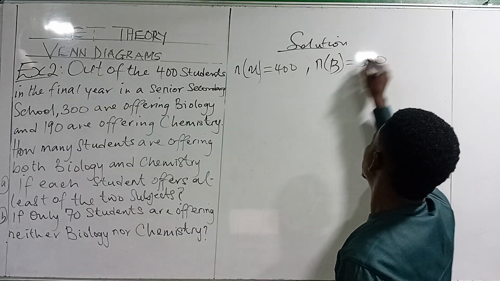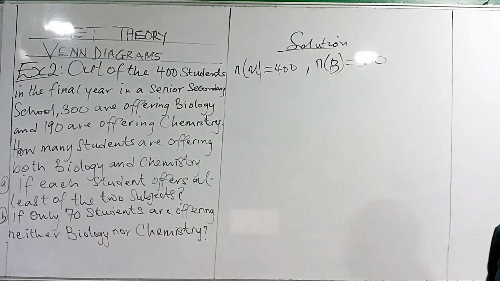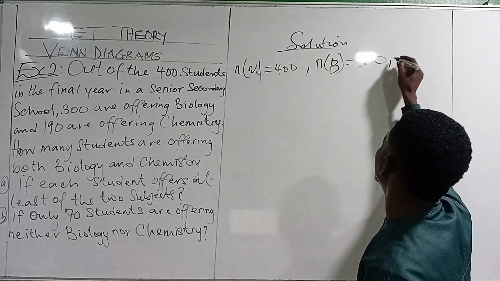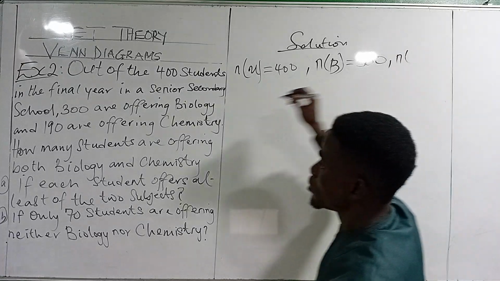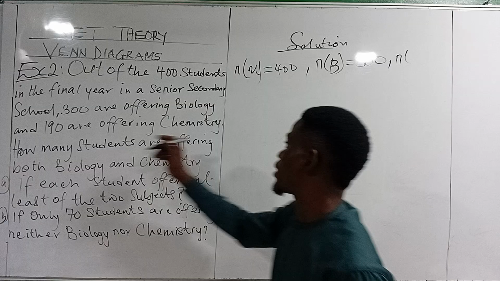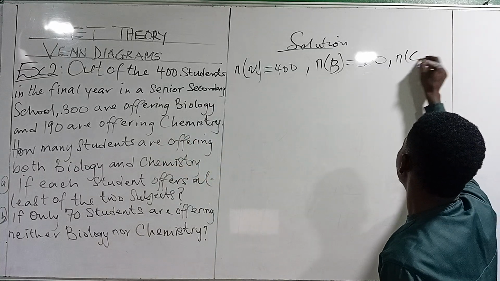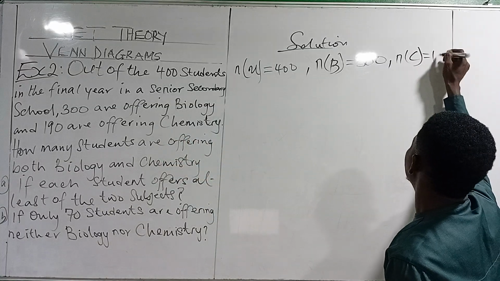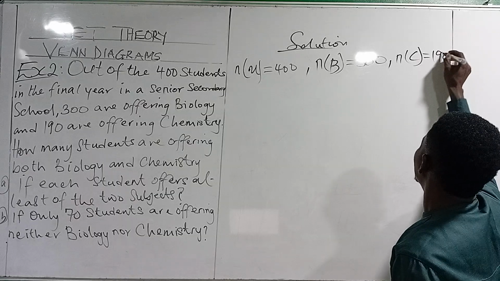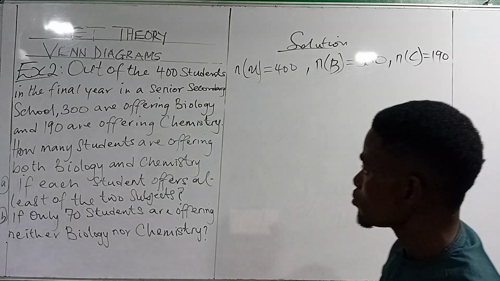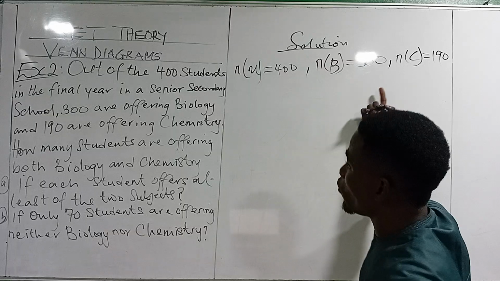This is the number of the students that are offering biology. Then 190 are offering chemistry. So we have n(C) equals 190. Okay, so you can put this in.